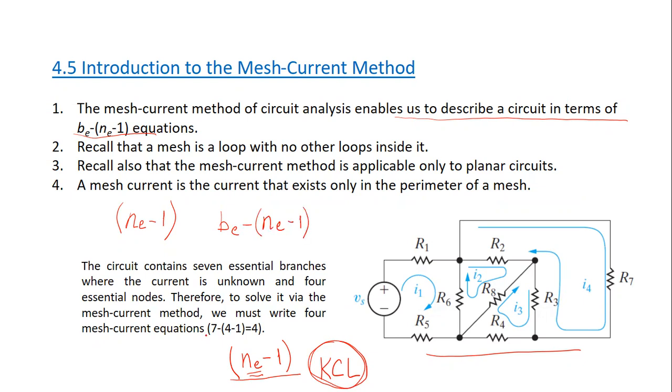In our case, the essential branches are 7, the essential nodes are 4, then 7 minus 4 minus 1, it will be 4. So if I want to solve it using mesh analysis, I need 4 equations, while nodal analysis requires 3 equations. So after knowing that, which is the best method for you to go with?